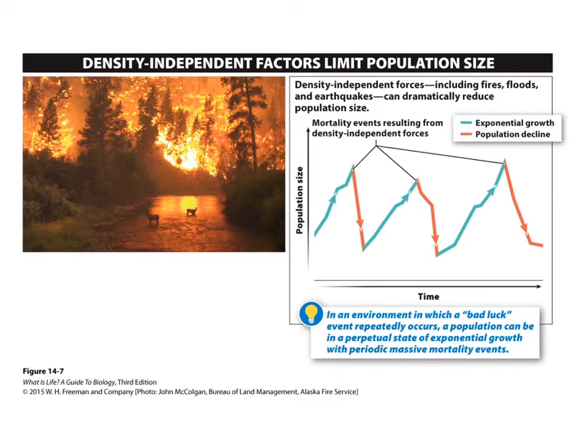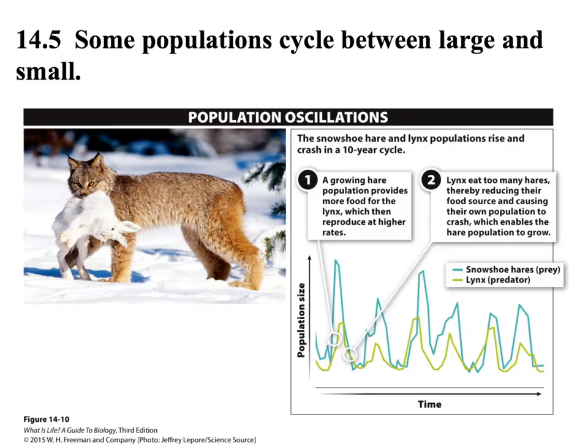This then allows the population to recover over time. Some of these independent factors actually occur on a regular basis. So certain ecosystems have a flood or fire at fairly regular intervals, which again limits the population overall and prevents them from overtaking the other resources in the area.